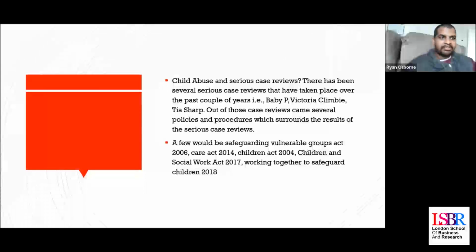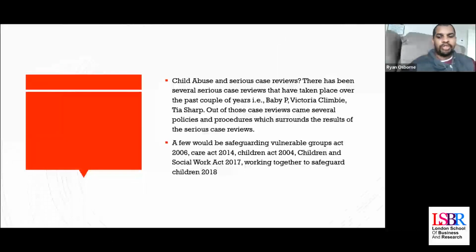Now, in 2004, we all know what took place in 2004, don't we? In 2004, we had the case of Victoria Climbié, didn't we? Now, the Children Act 2004 didn't replace the Children Act 1989, but it's a development.